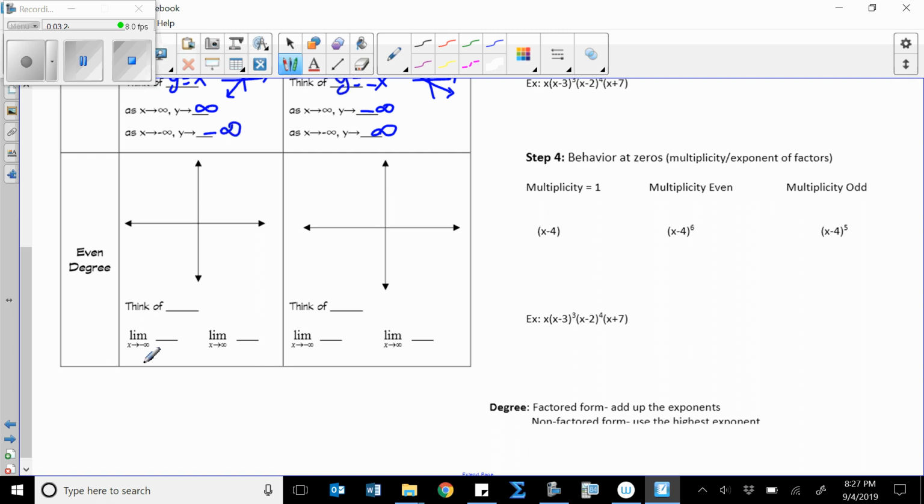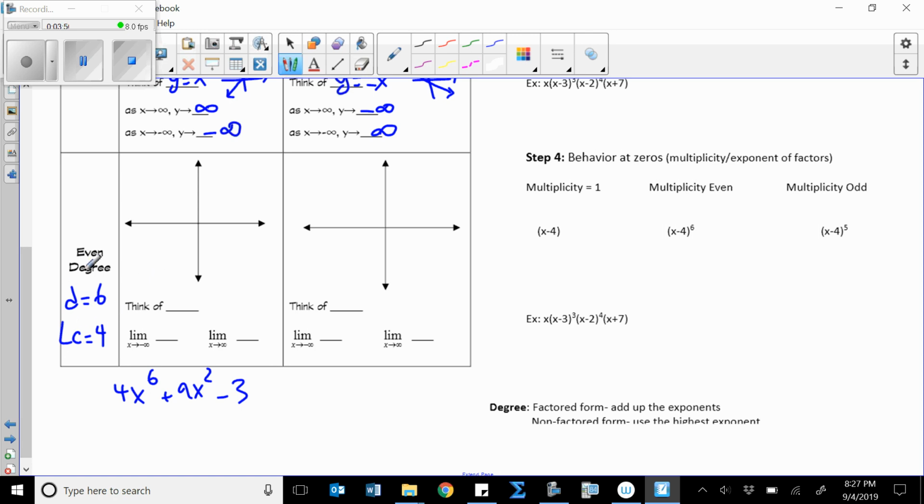Now let's work on another example. Let's say I have 4x to the power of 6 plus 9x squared minus 3. Degree of this polynomial is 6 because this one has the highest exponent and the leading coefficient is 4.